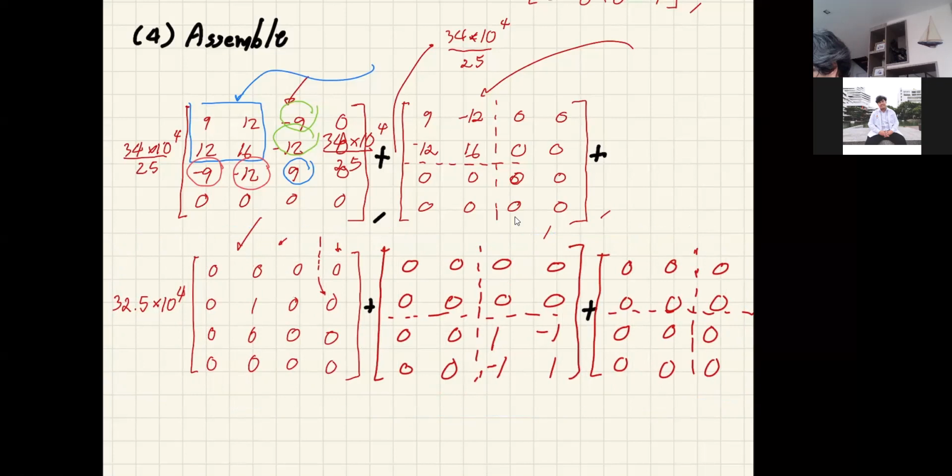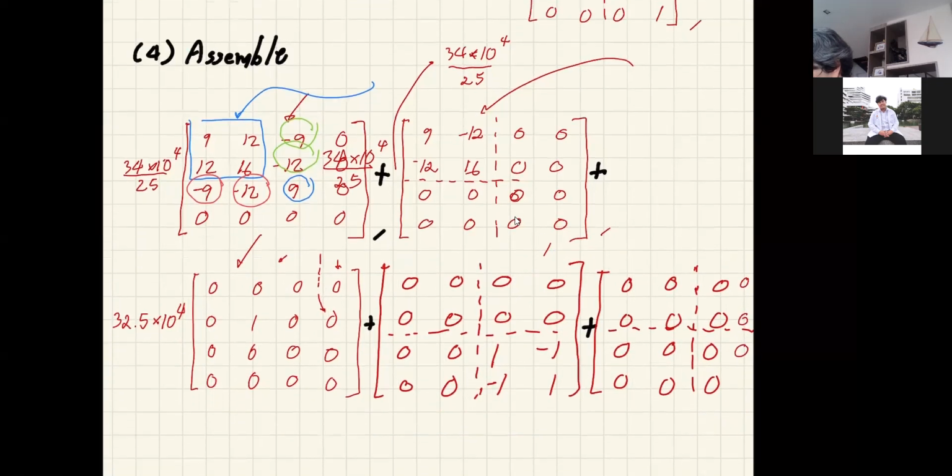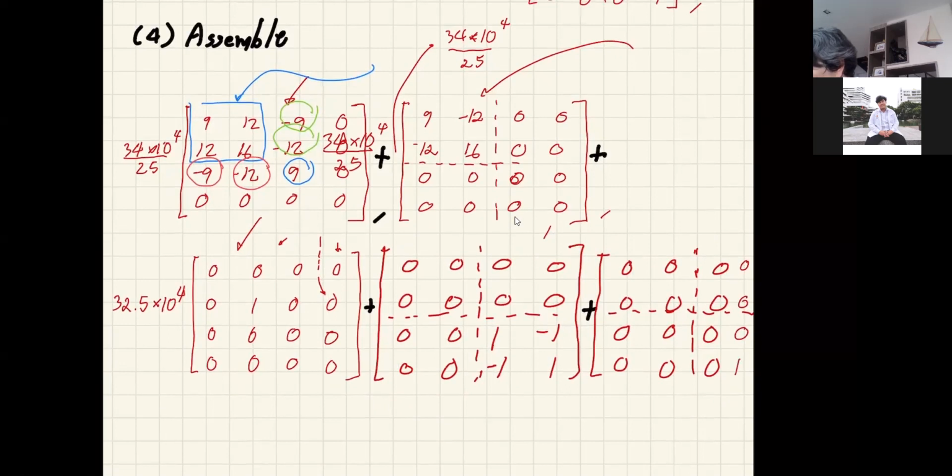That this is 0, 0, 0, and 1, right? Okay. So that's the last matrix. And don't forget that we should have the term up front. That makes a little bit more work to do before you sum it up. But I think it's 43.3 multiplied by 10 to the power of 4, right?